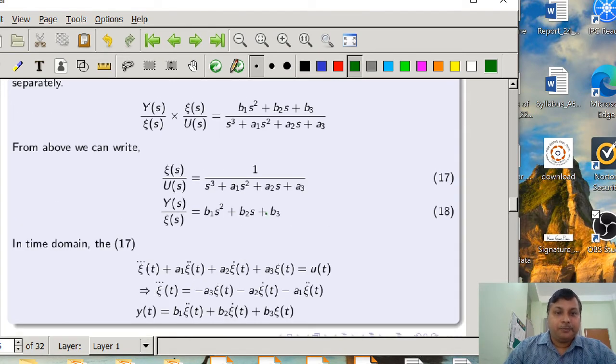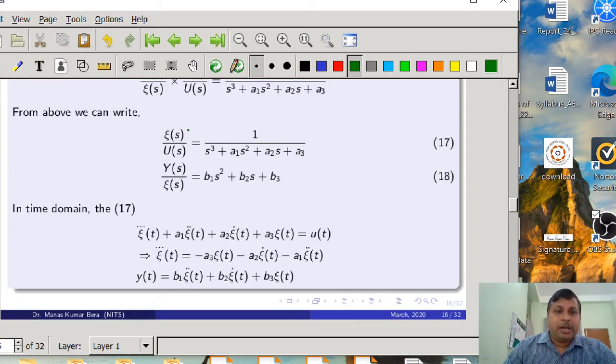Now we will write the time domain representation of equation 17: zeta triple dot plus a1 zeta double dot plus a2 zeta dot plus a3 into zeta equals u(t), and from here we can write zeta triple dot. And from equation 18 we can write the output y(t) as b1 zeta double dot plus b2 into zeta dot plus b3 into zeta(t).